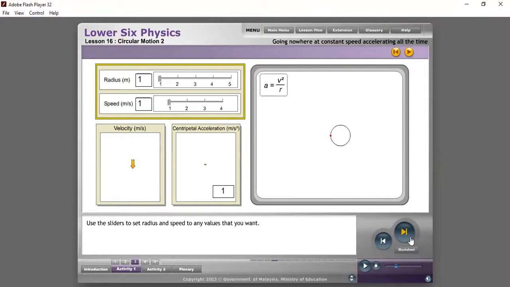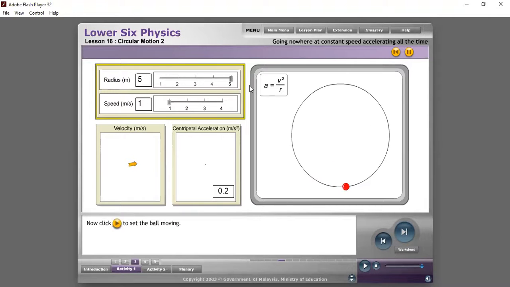Use the sliders to set radius and speed to any values that you want. Let's say we use 1, 1. Now click the play button to set the ball moving. So you see the speed. If I increase the radius, just now it was very fast, because the distance is smaller. When the radius becomes bigger, it becomes slower.